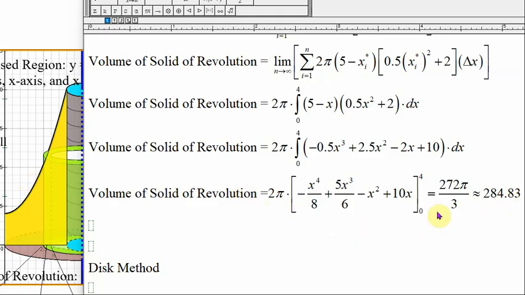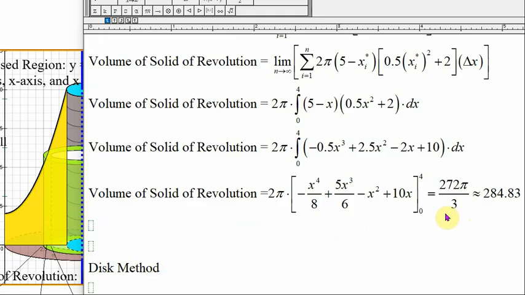The exact volume for the solid of revolution that we want using the shell method is 272 pi over 3. Now let's also find the volume of this solid of revolution using the disk method, and we'll see that we get the same answer.